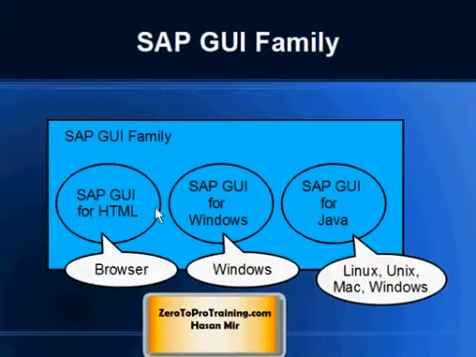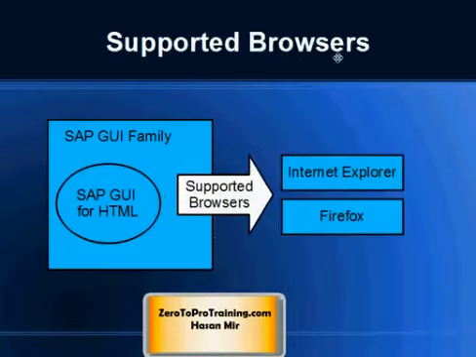So in this first option, SAP GUI for HTML, what you need is the browser to connect to the application. There is more to that, as I'm going to talk about in coming slides. SAP GUI for HTML is only supported using two kinds of browsers, Internet Explorer and Firefox. Other browsers are not officially supported by SAP.